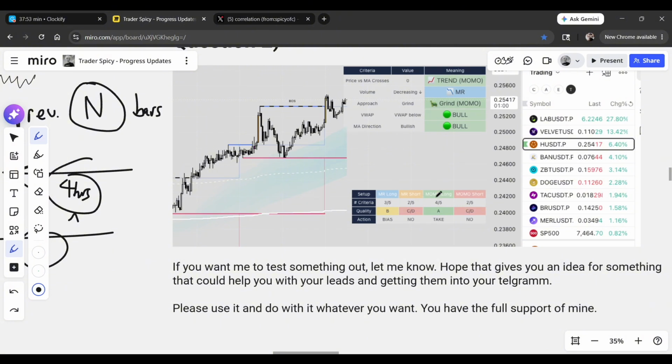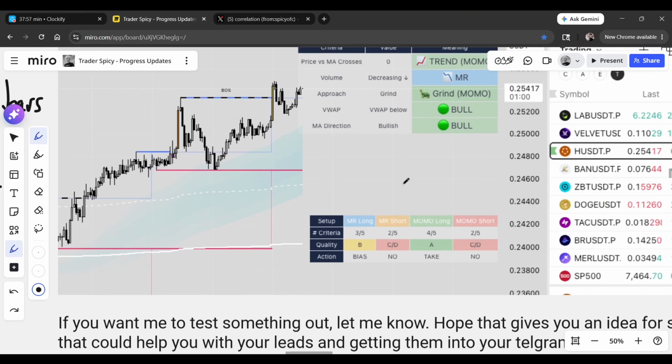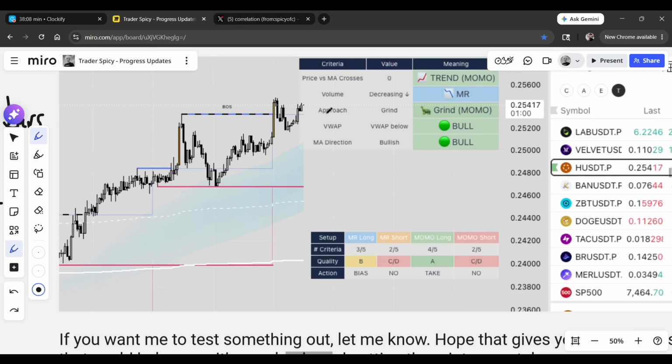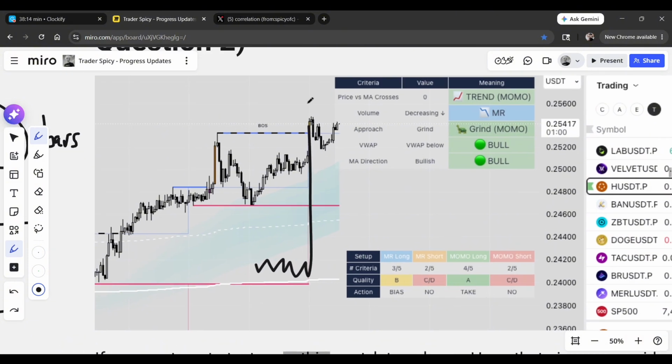What I mean by that is something could be a 2 out of 5, and then something else could be a 4 out of 5, but this could still actually outweigh this. Let's say that something is a 4 out of 5, but the way that it approached the level was like this. It did a huge vertical spike into it, but it still meets the other criteria.